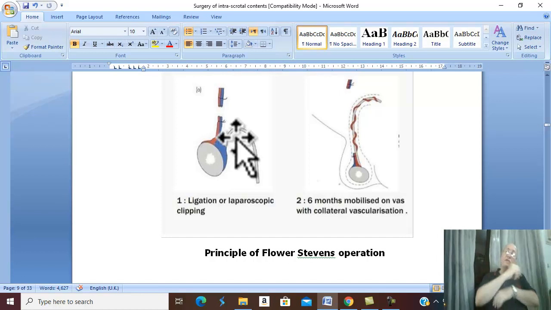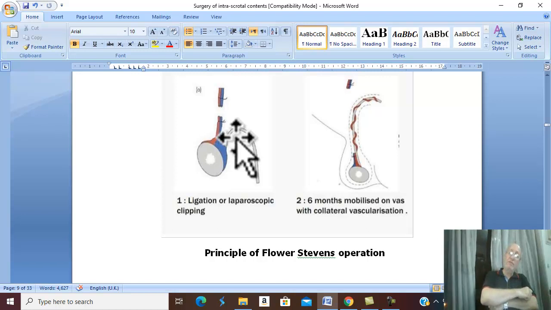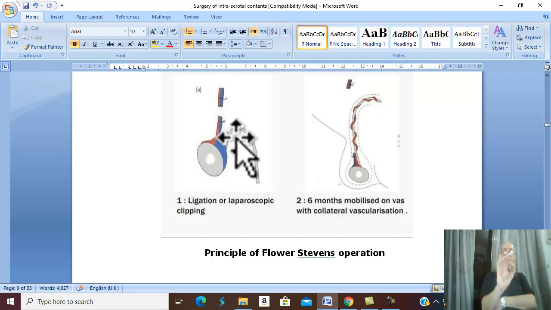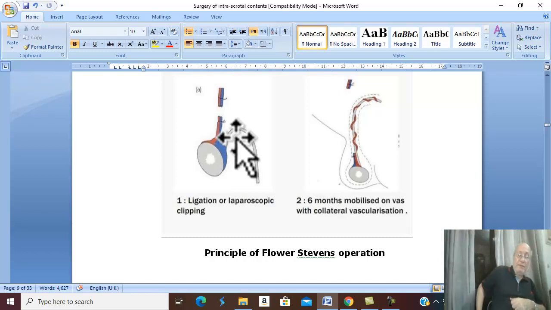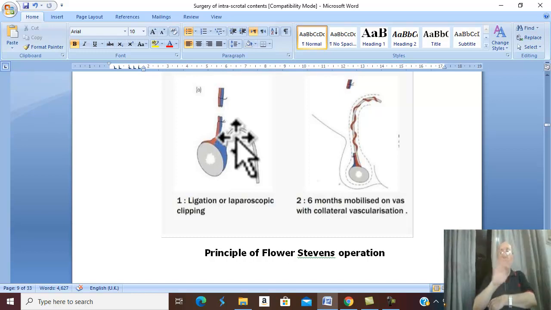Finally, besides the surgery, never forget observation in the first 6 months after birth, and never forget in bilateral cases hormonal treatment. We give human chorionic gonadotrophin, 1,500 units per square meter of body surface area, intramuscular, for 4 weeks.